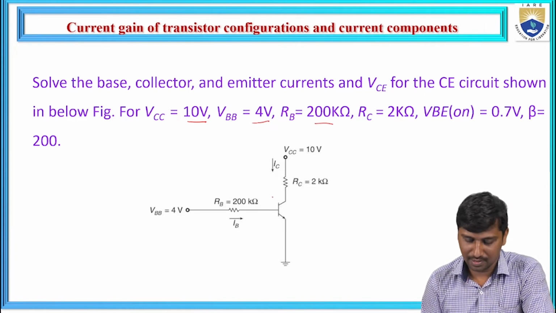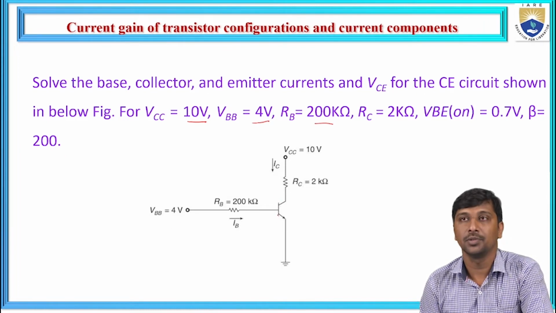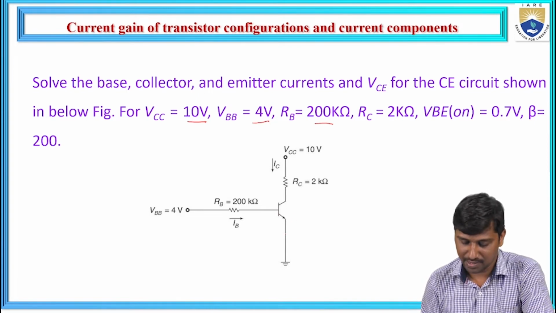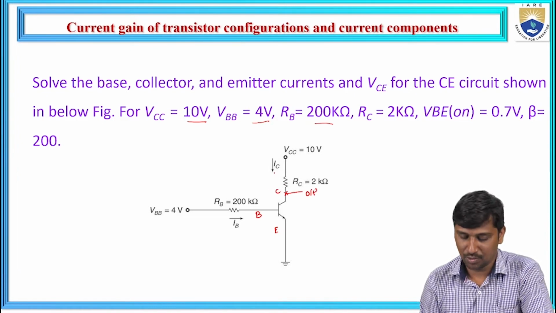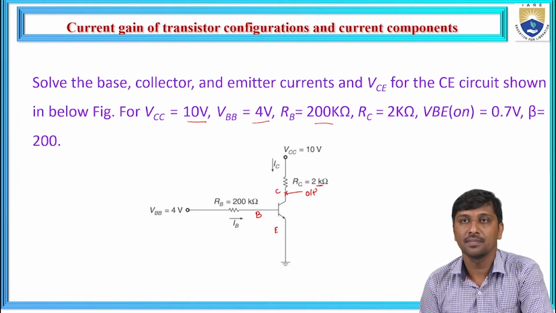For this case, this is the given circuit for the common emitter configuration. The emitter is connected to ground, the base is taken as the input, and the output is measured across the collector terminal. The collector allows collector current IC, and the bias resistance RC is 2 kilo ohms.